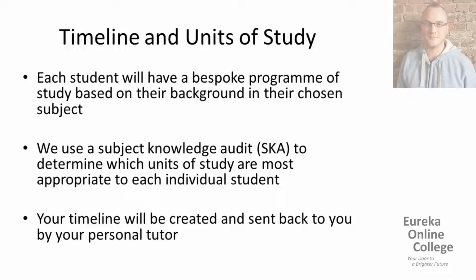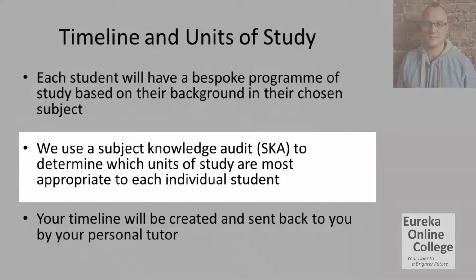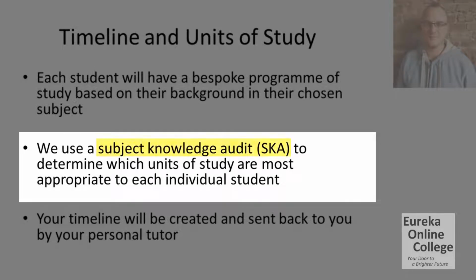The right 12-week course for one student is not necessarily going to be the right 12-week course for another student. So what we use is a subject knowledge audit to determine which units of study are most appropriate to you.